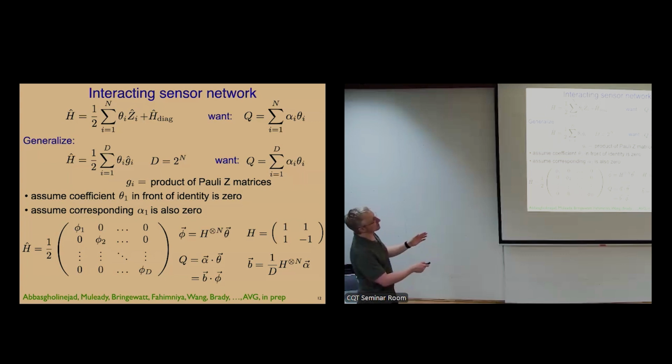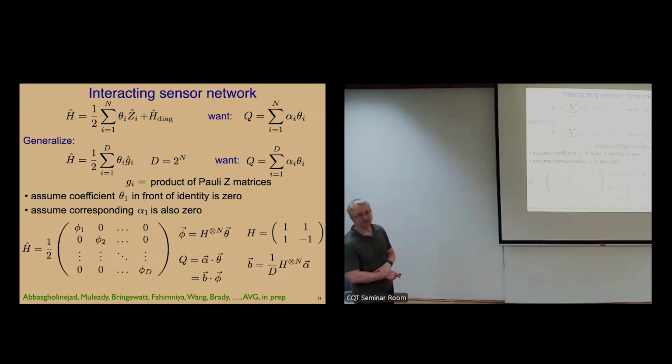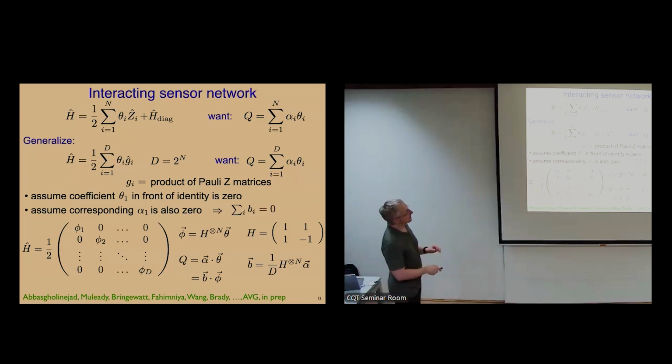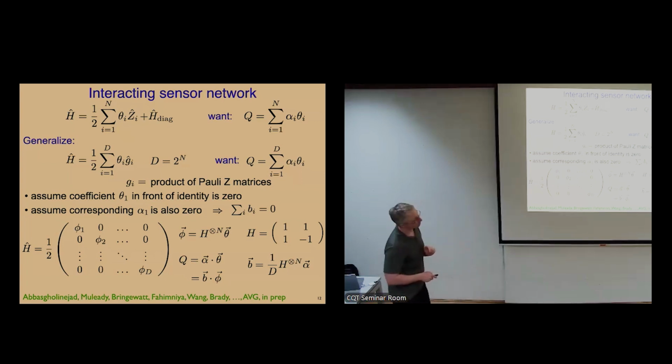But I decided to put this entire 1 over d, 1 over 2 to the n, in this formula for simplicity. But I'm just changing the basis. So alpha dot theta in one basis and b dot phi in the other basis. And the fact that alpha1 is 0 corresponds to the fact that the sum over i of b_i is 0.